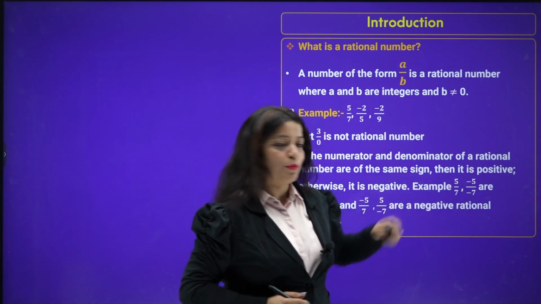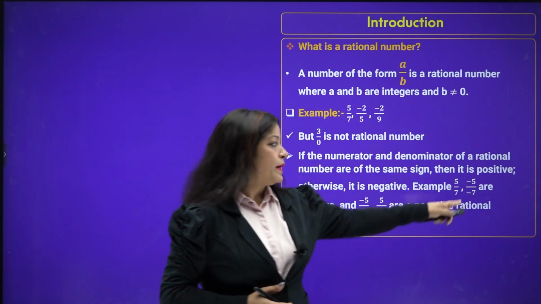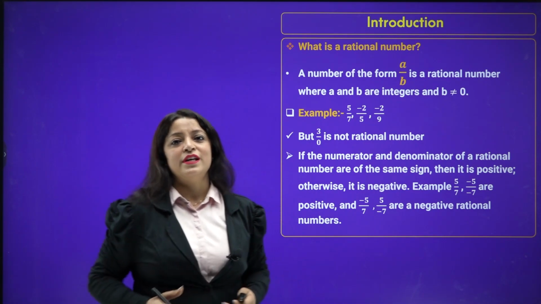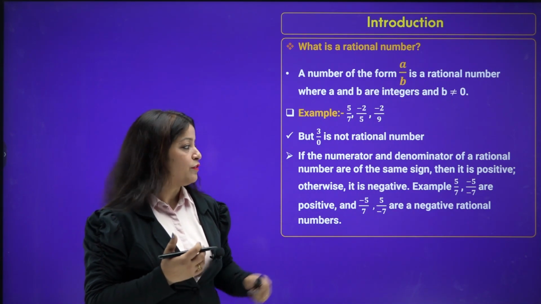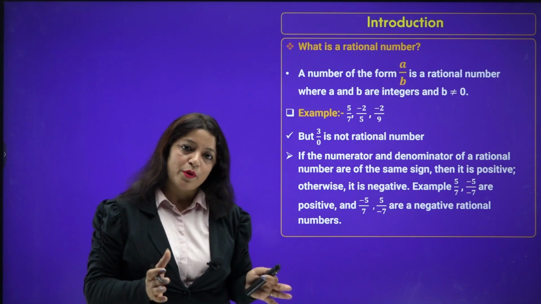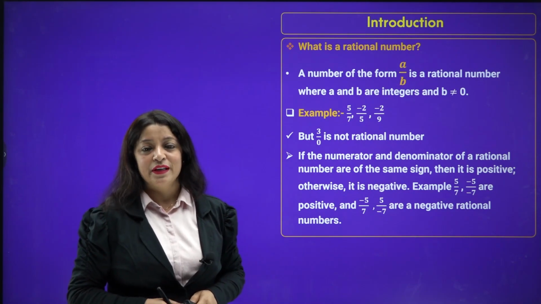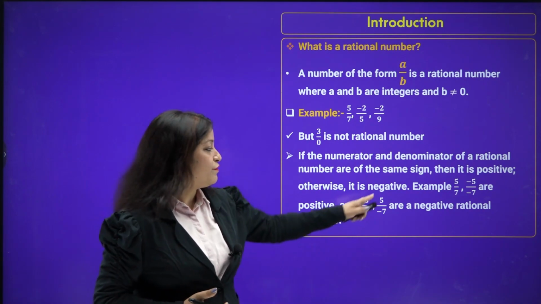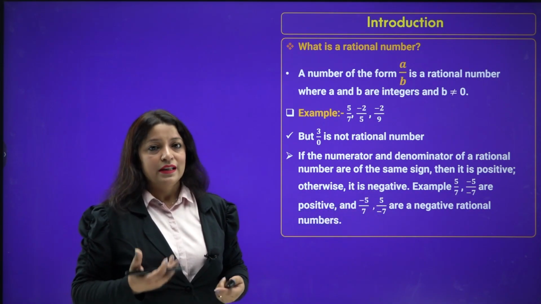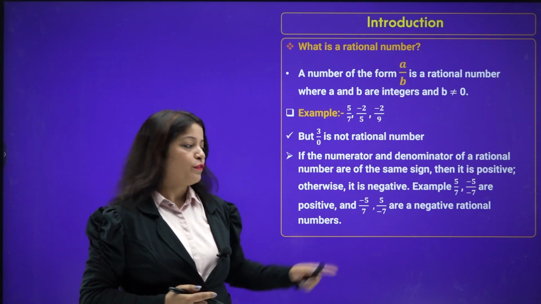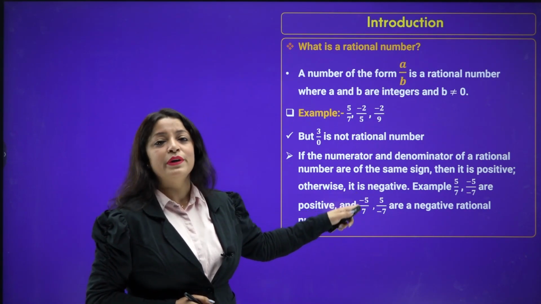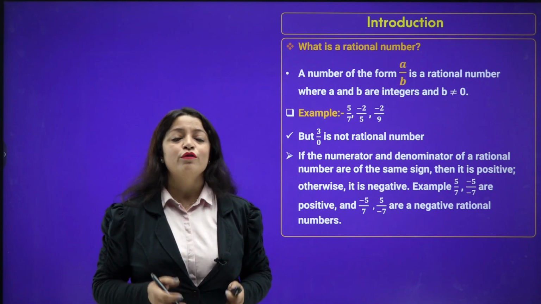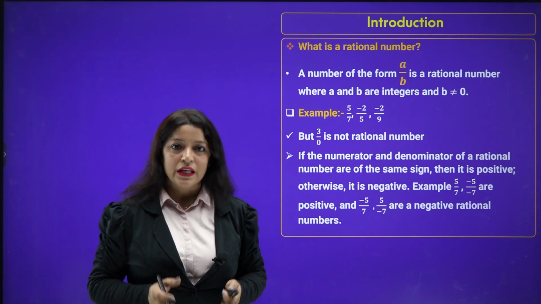Similarly, minus 5 upon minus 7. You know when a minus sign is divided by a minus sign, then we have a positive sign. So minus 5 divided by minus 7 is also a positive rational number. On the other hand, if minus 5 is divided by 7 or if 5 is divided by minus 7, that means if any one of a or b, numerator or denominator, is negative, the overall sign of the rational number will be negative.